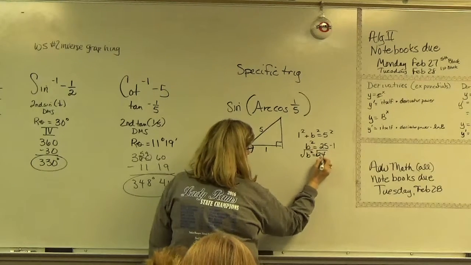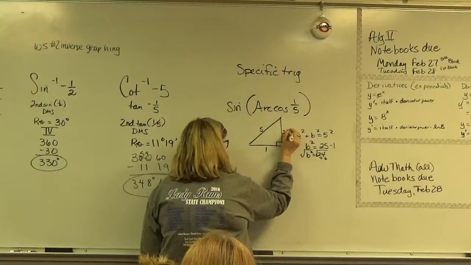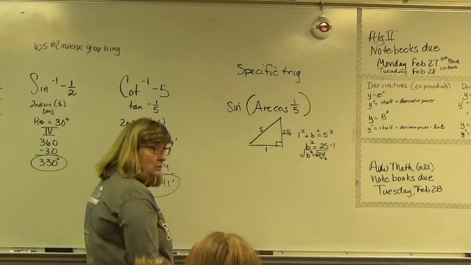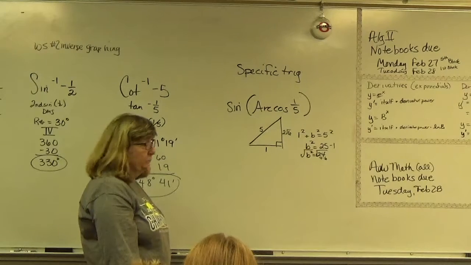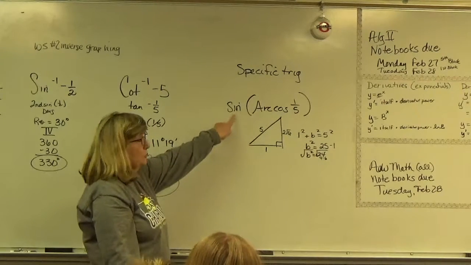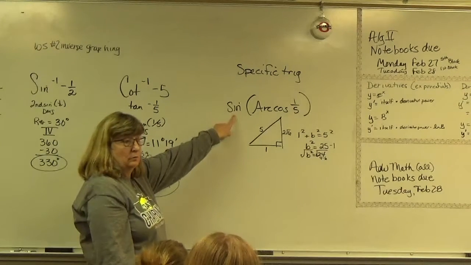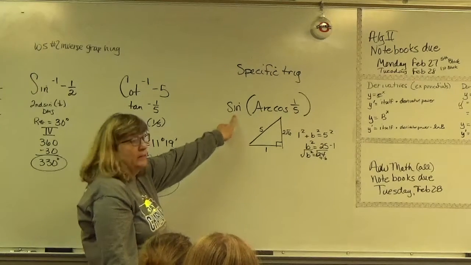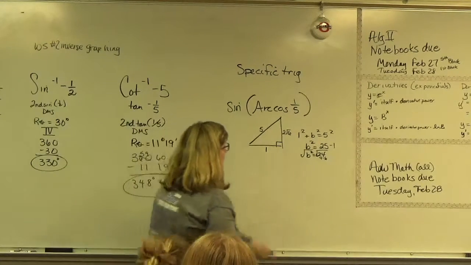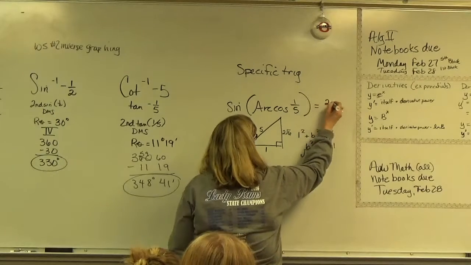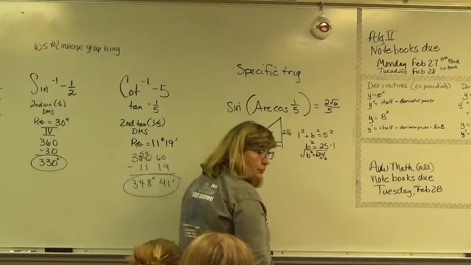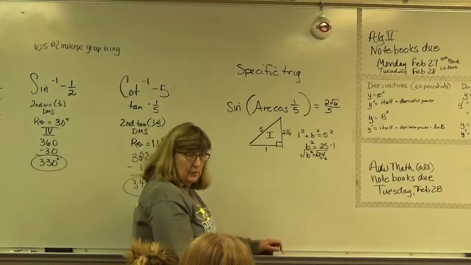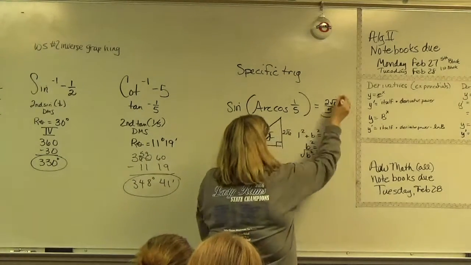And square rooting, that's 4 times 6, so it'd be 2 square roots of 6. Is everybody okay with completing the triangle? Now, what are you asked to find from this triangle? The sine. Opposite over hypotenuse. And this was a positive, so I really didn't have to do anything because it's first quadrant, right? If it's positive, whatever you get is going to be positive.